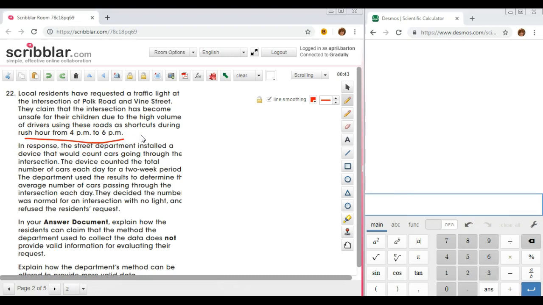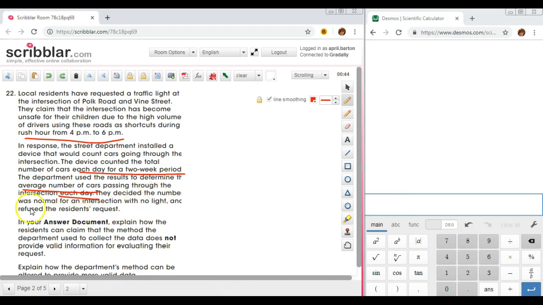In response, the street department installed a device that would count cars going through the intersection. The device counted the total number of cars each day for a 2-week period. The department used the results to determine the average number of cars passing through the intersection each day. So they did each day for a 2-week period, and it's the average number of cars each day.